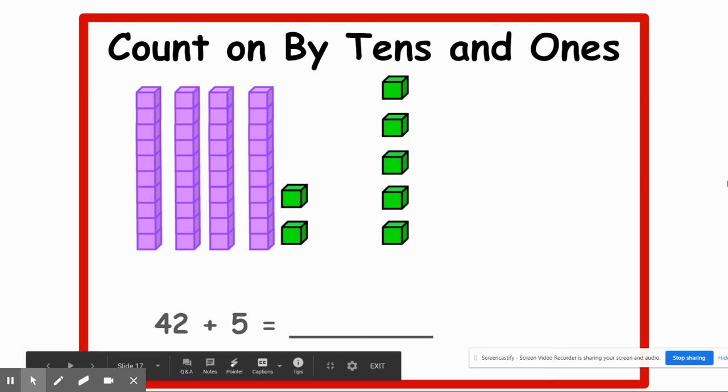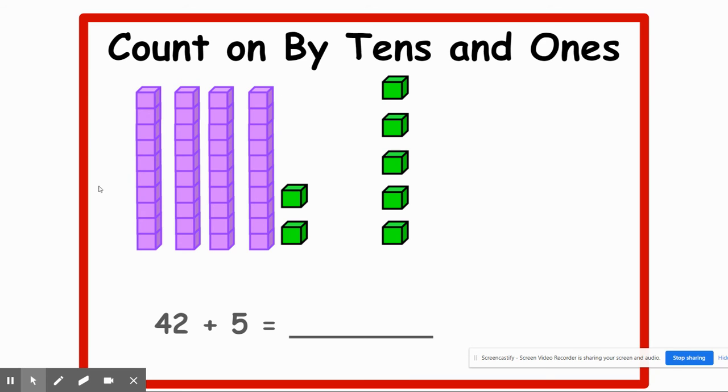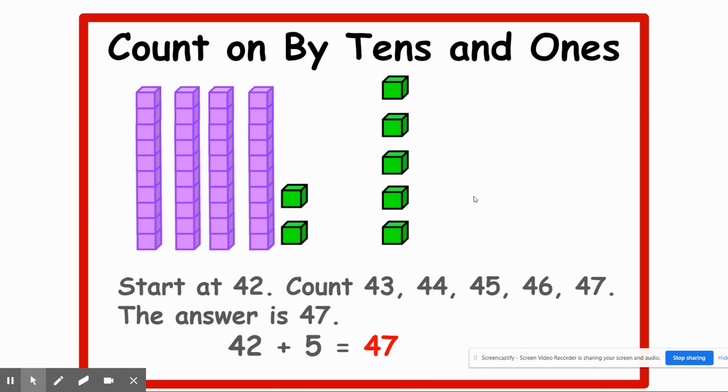You already know this number is 42, so you start at 42 and count. 42, 43, 44, 45, 46, 47. The answer for 42 plus 5 equals 47.